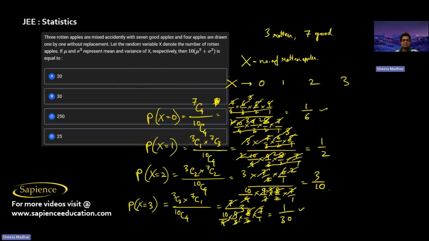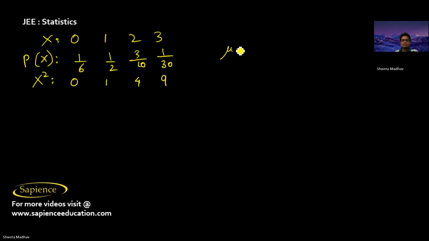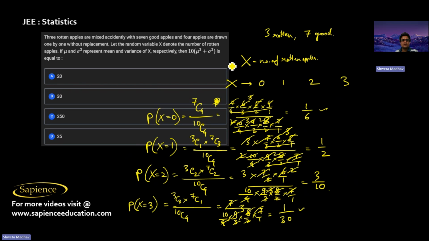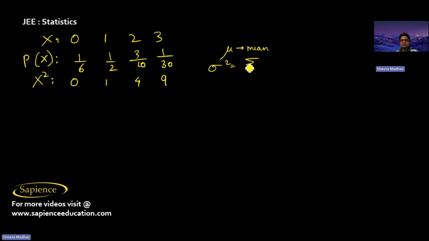So now mu is the mean value, sigma square is the variance. So sigma square is the summation of x square into p of x minus mu square.